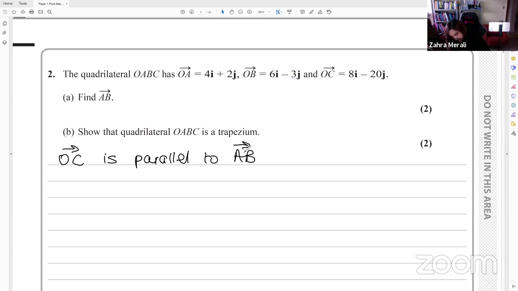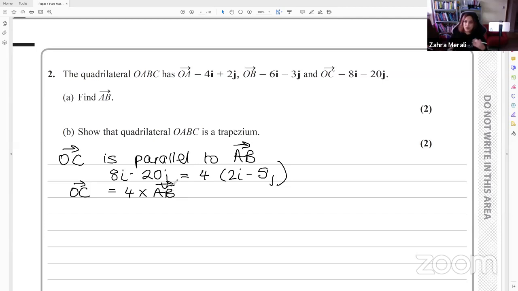We said because 8i minus 20j equals 4 lots of 2i minus 5j. So that tells you that OC is equal to 4 times AB. Now, even if you'd labeled it wrong the way I'd labeled it, hopefully you would see that connection and look for the two sides that would be parallel. And so you'd say, hence, OABC is a trapezium.